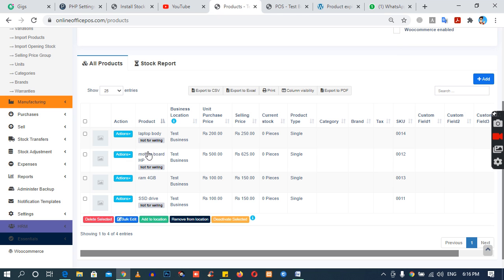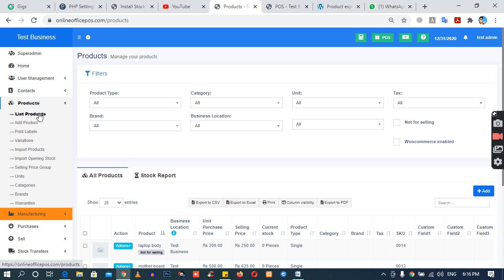Look at this, there are almost four products present. Three products are not for selling, and one product is for selling because we are selling this product individually also. There is no stock yet, and the product names are laptop, motherboard, RAM, and SSD drive.